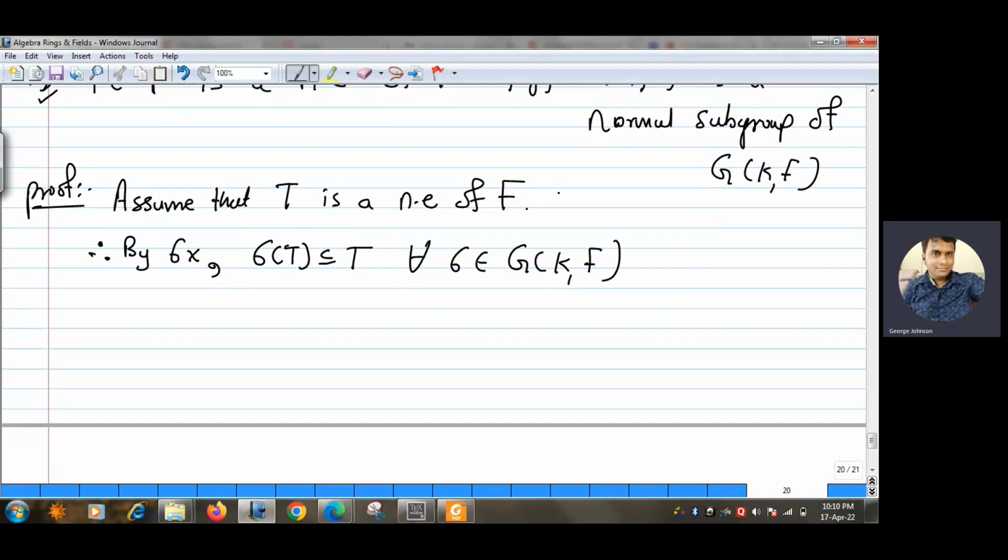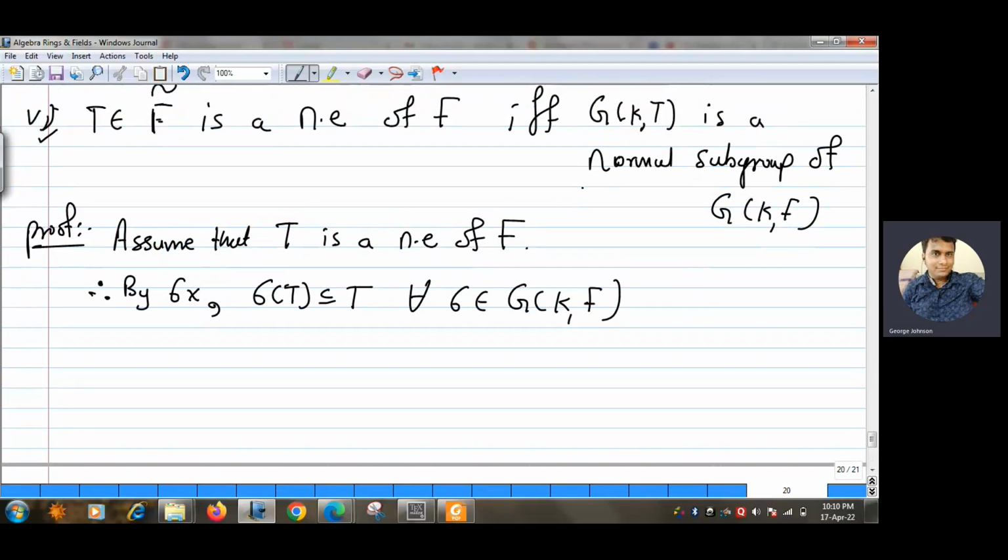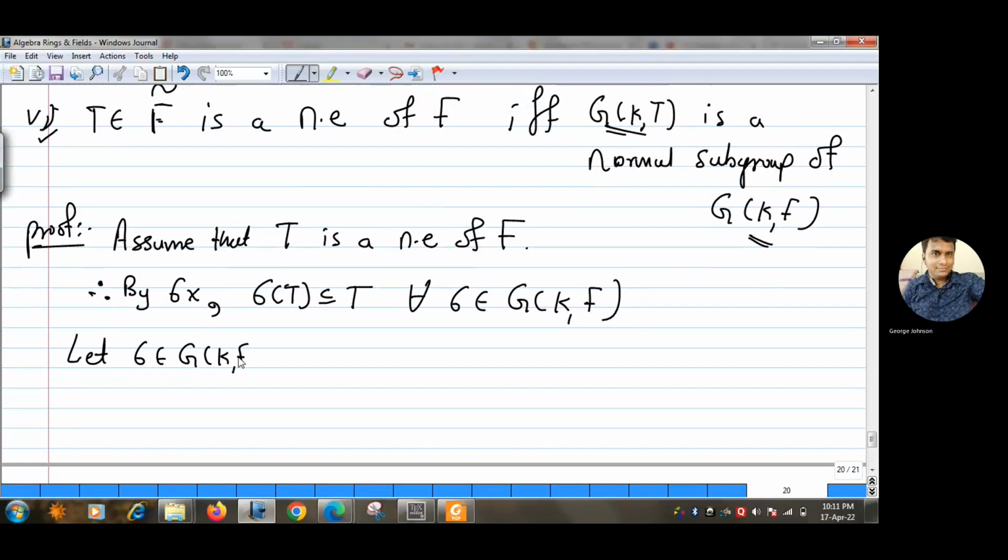Now what we have to prove? GKT is a normal subgroup of GKF. That means if I start with an element of GKT and an element of GKF, let sigma belong to GKF and tau belong to GKT.